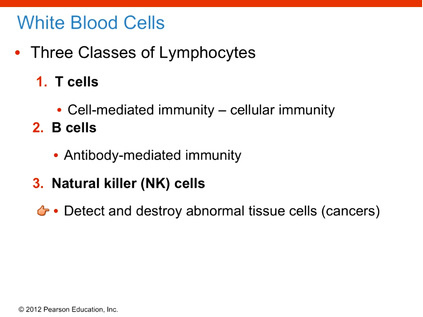Like cancer, any of your cells that become cancerous, natural killer cells will notice that their cell surface marker isn't what it should be and will target it. The two that are responsible for your specific defense would be your T cells and your B cells. And once again, we'll talk about this at length in lymphatic tissues.